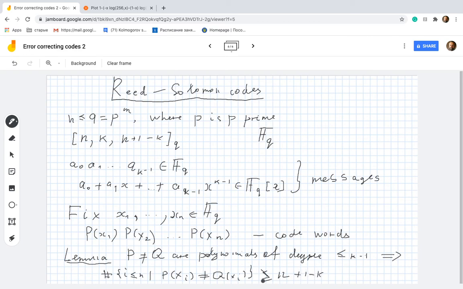Or stating differently, the number of i's where they take the same value is at most k minus 1.